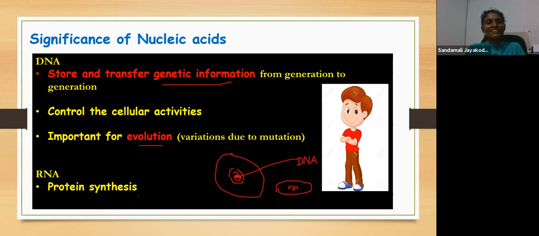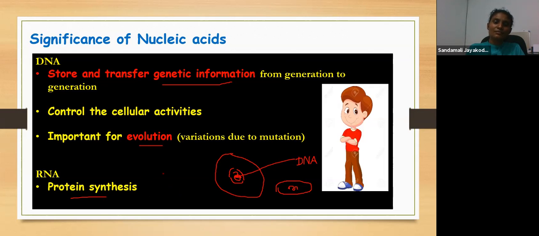And RNA, it is important for doing a particular function in our cells, that is protein synthesis. Because all of our body functions are controlled by different proteins. Our muscle activity is given by the actin myosin protein.